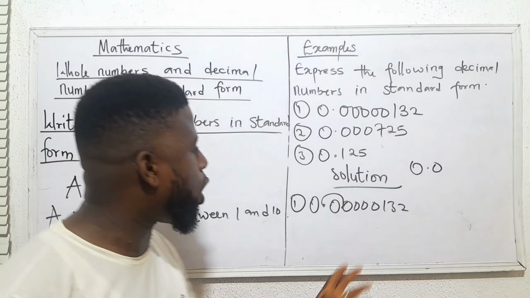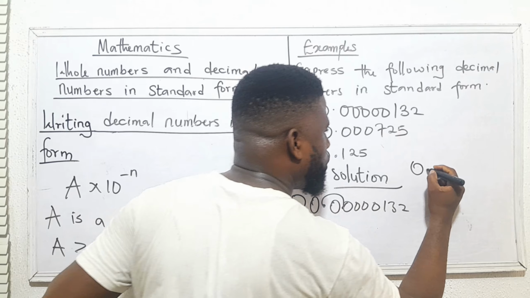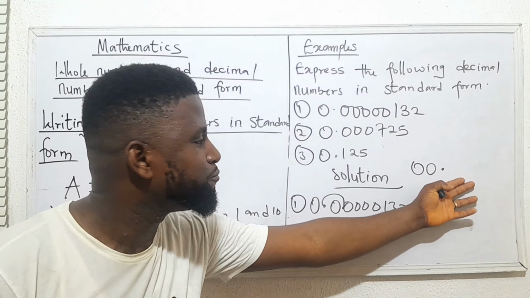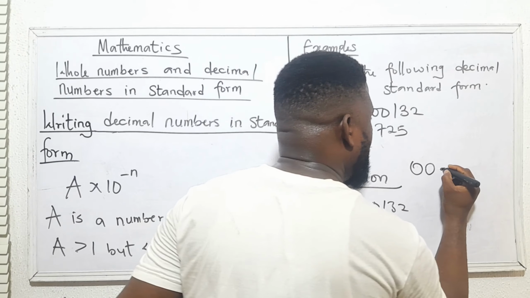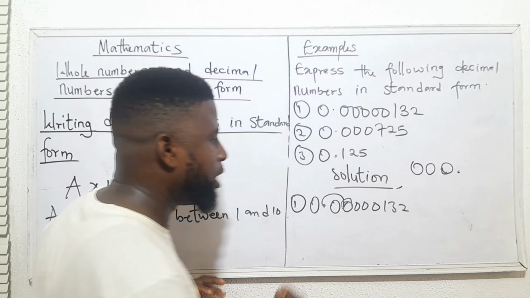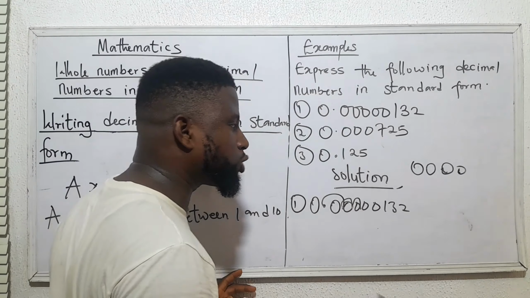It is still not up to 1. It is still less than 1, right? If I move it one more time, it's still not up to 1. If I move it forward again, I will now have 4 zeros. It is still not up to 1.